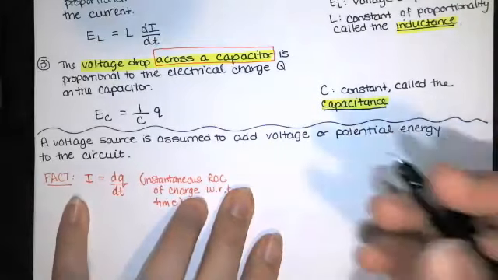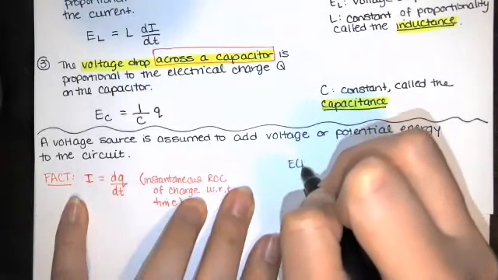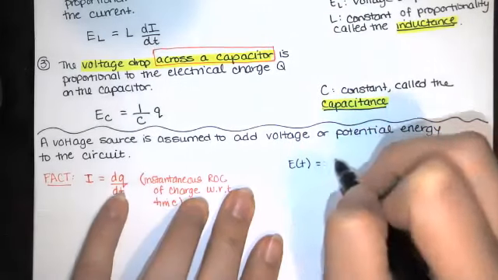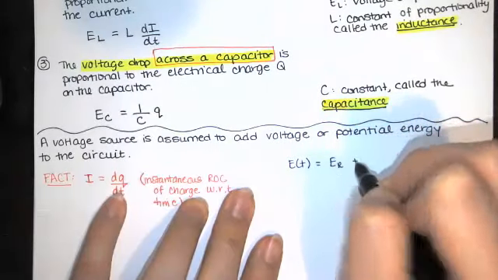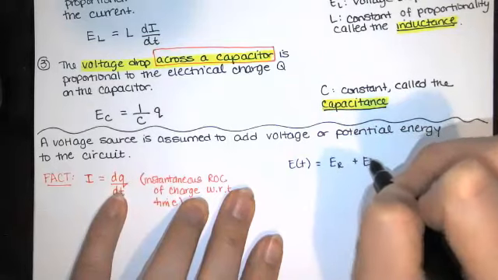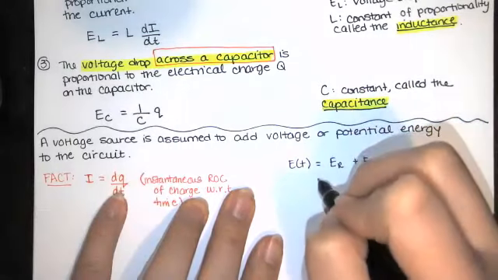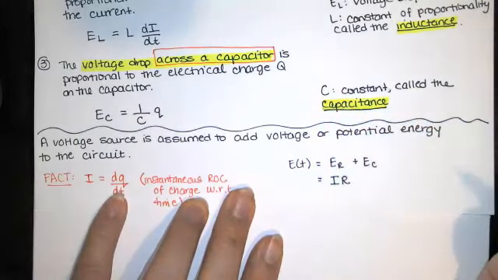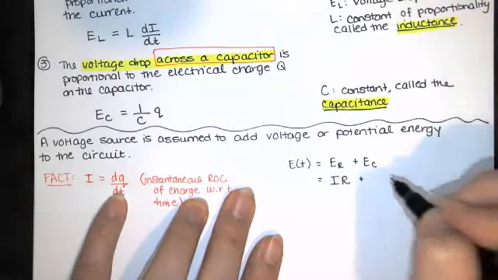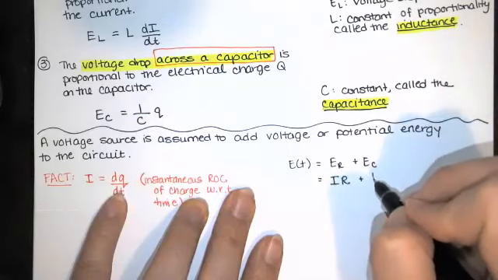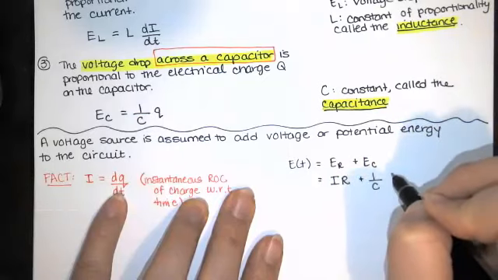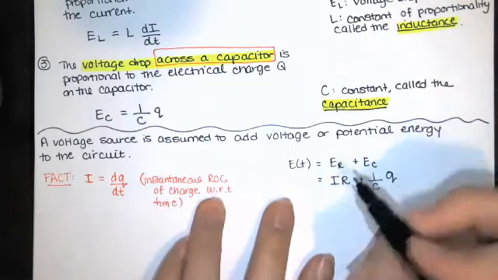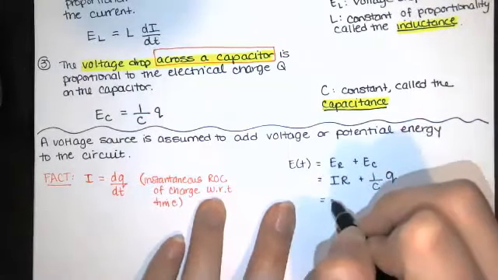So we've got the voltage source is equal to the sum of the voltage drops. So we're going to have the voltage drop across the resistor plus the voltage drop across the capacitor. And the voltage drop across the resistor is I times the resistance of the resistor. And the voltage drop across the capacitor is 1 over C times Q, where Q is the charge on the capacitor. And I is actually equal to dQ/dt.